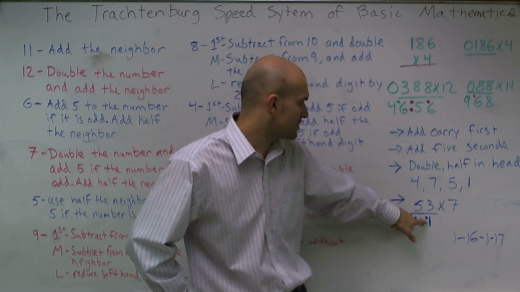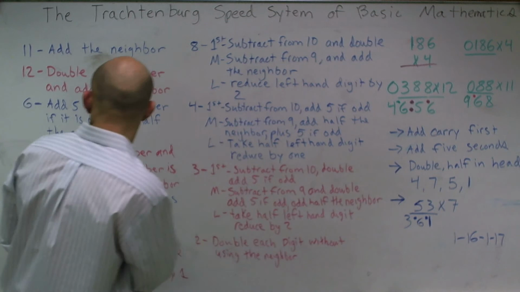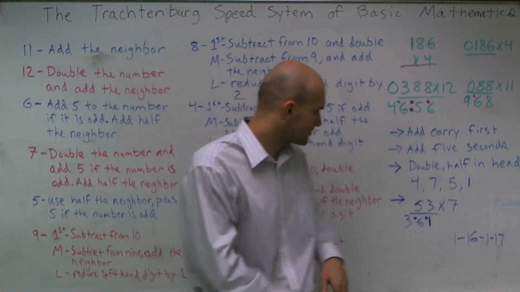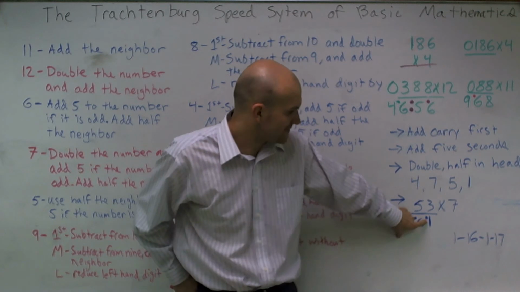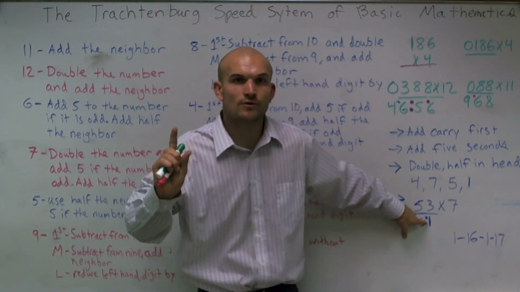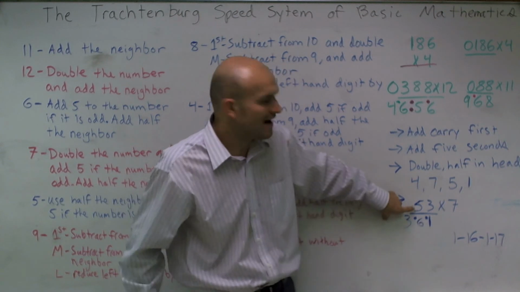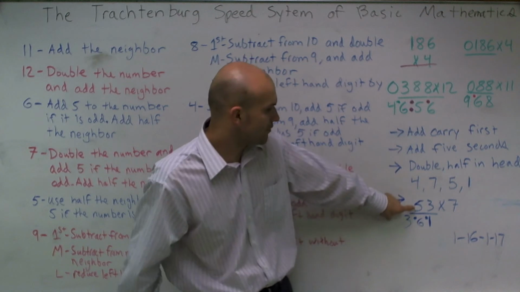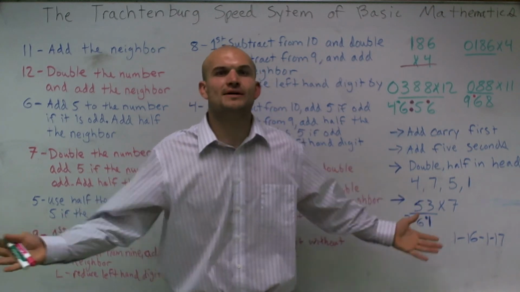So by adding by 7, let's look at the rule. I need to double the number and add 5, right? Well, automatically, if I know I have to carry a 1, I'm just going to automatically say 1. Now, the one thing you need to know is if 5 is odd, I have to add 5. So when I look at 5, I should automatically think 15.